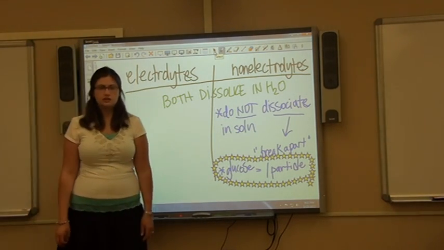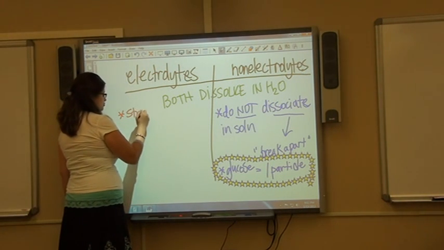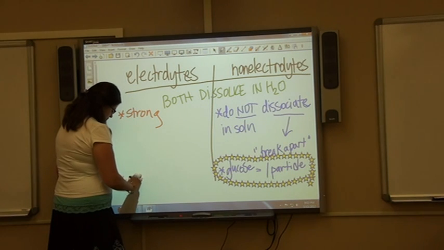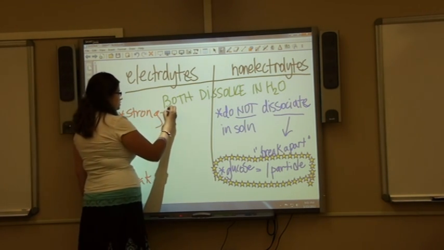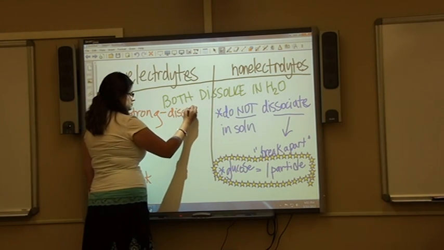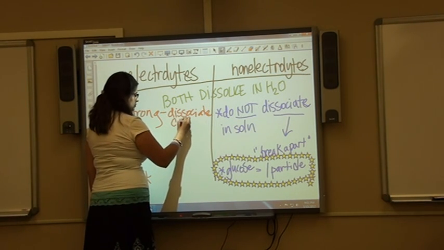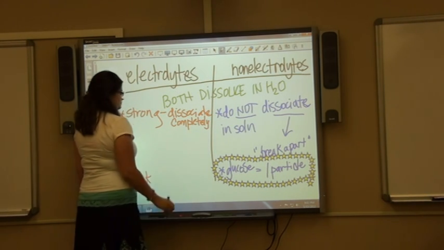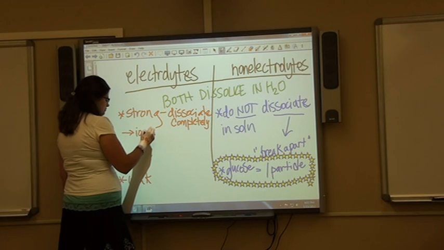Okay, electrolytes are different. Electrolytes can be either strong or weak. Strong electrolytes dissociate or break apart completely. The strong electrolytes are ionic compounds.